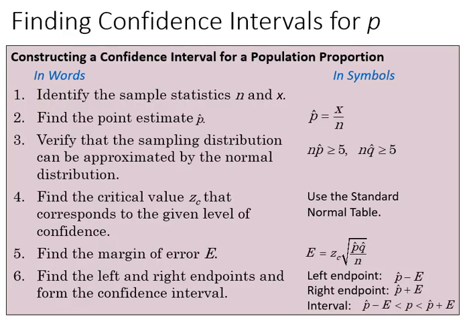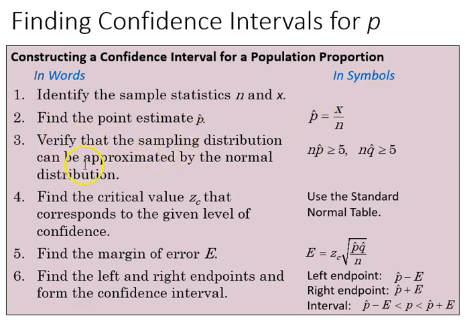So to summarize the steps in finding a confidence interval for a population proportion, we go through these steps. One is identify the sample size and the number of successes, x. From that we can get the point estimate by dividing x over n, and that will give us our sample point proportion.